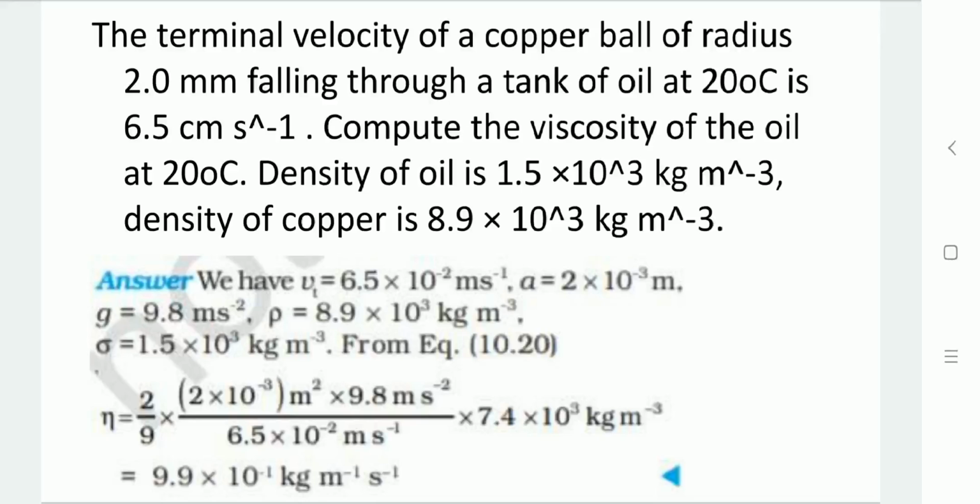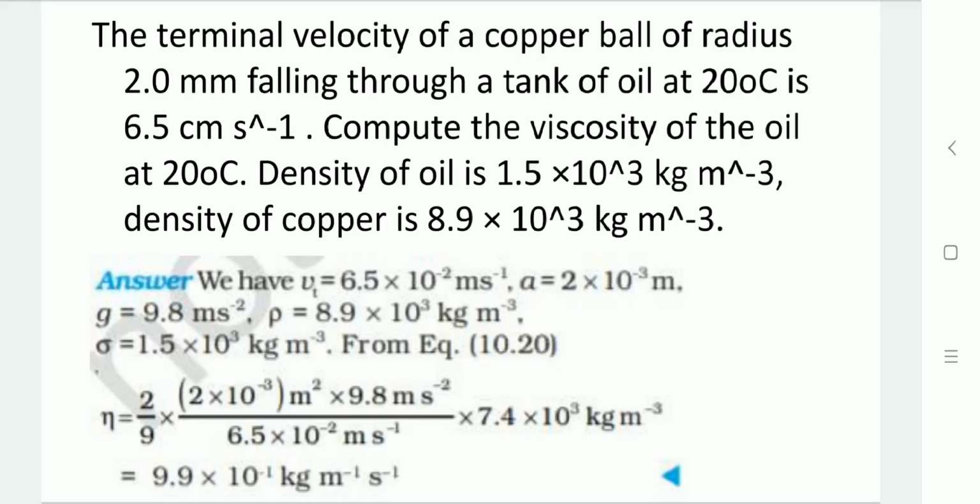Convert into meter, it would be 2 into 10 raised to minus 3 meter. g is 9.8 meter per second square, and density of copper is given as 8.9 into 10 raised to 3 kilogram per meter cube. And density of oil, the fluid, is given as sigma equal to 1.5 into 10 raised to 3 kilogram per meter cube.